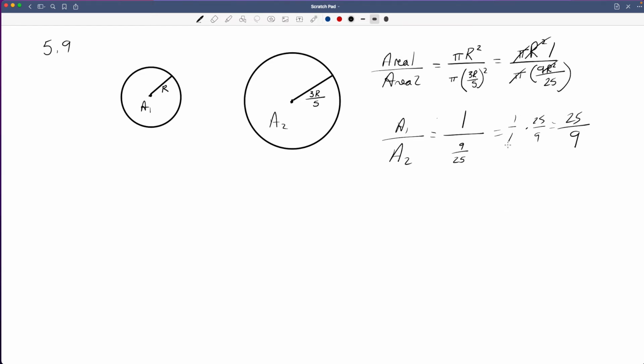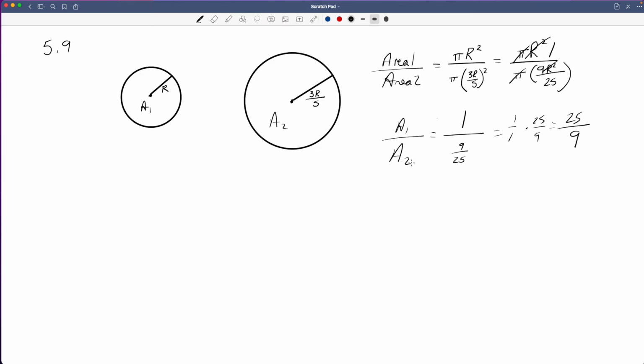So always do the keep it, change it, flip it, and work it out all the way. Don't just put it in your head. Use the cancellation process to find the ratio there. All right, so area 1 is 25/9 of area 2, or it's 25 to 9, area 1 to area 2.